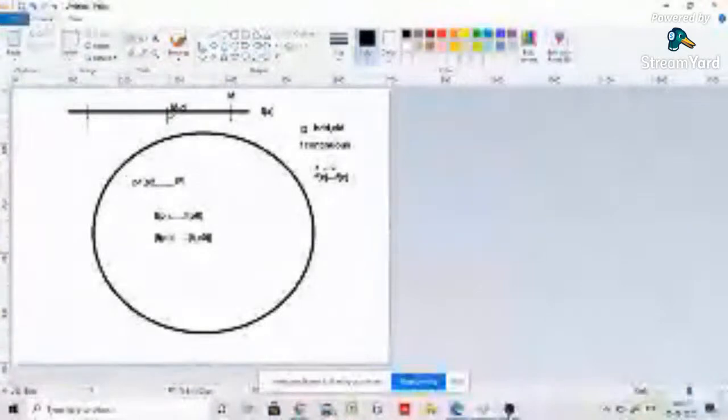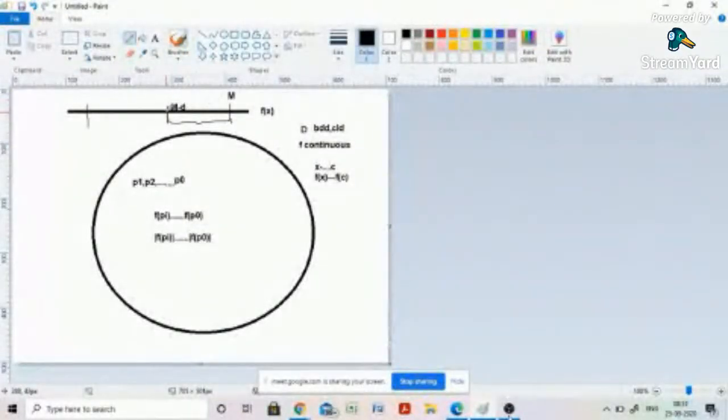So there is an interval where the interval consists of some f of x values. So if we subtract a positive number, we can find an interval, and in that interval we will have many values of f of x.